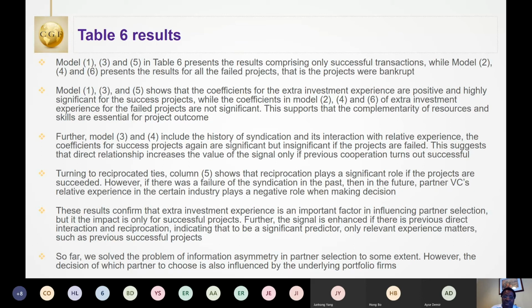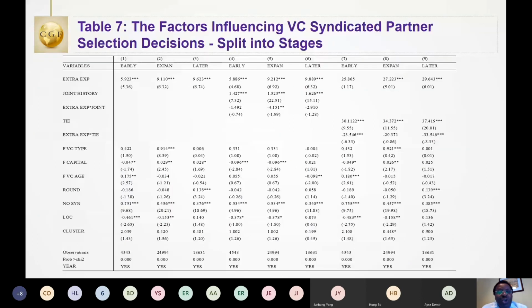That is number 6. But we also allow for splitting the samples according to the stages of development. And we have simplified to different stages here: the seed stage, the early stage, the expansion stage, and the later stage. Okay.